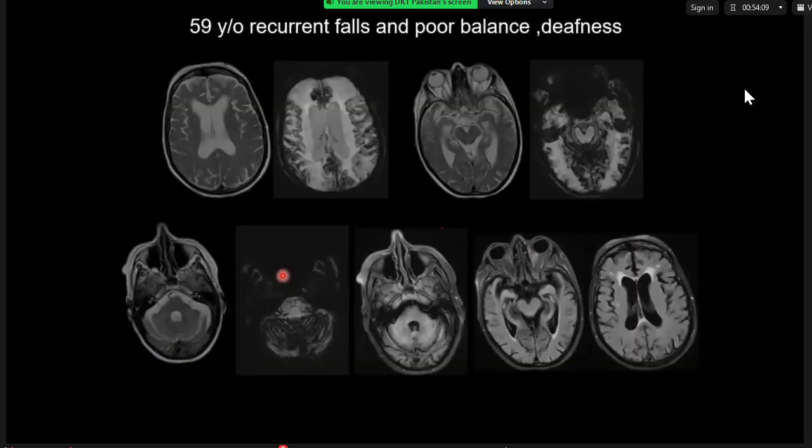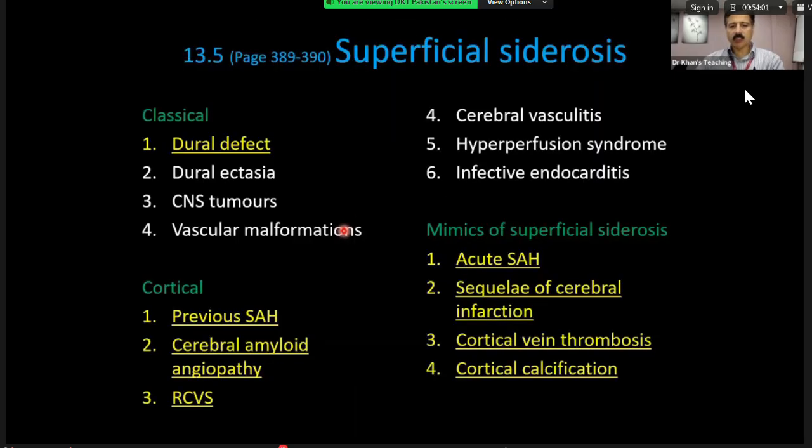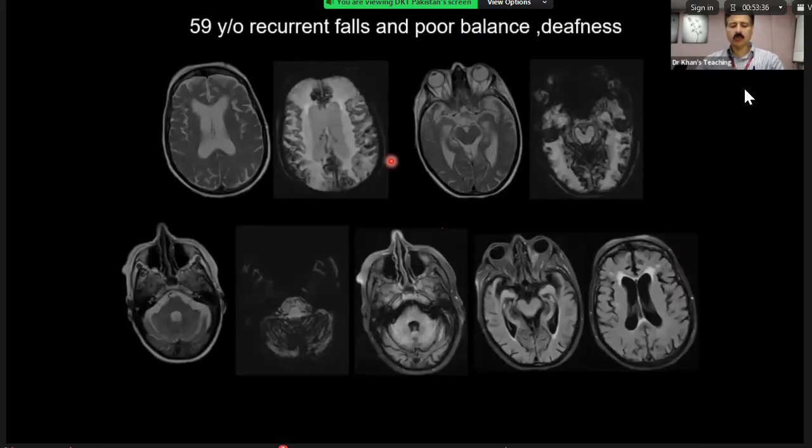And another case here is where you can see on this SWI sequence all of this deposited there. The problem is that this is quite neurotoxic, and it gets deposited on the cranial nerves also. For example, the 8th nerves in the basal cisterns, and the patient will present with deafness, etc. So I just wanted to show you another use of the SWI sequence.